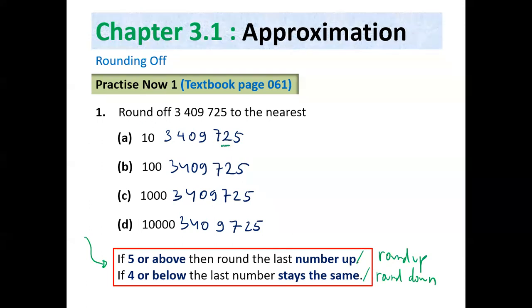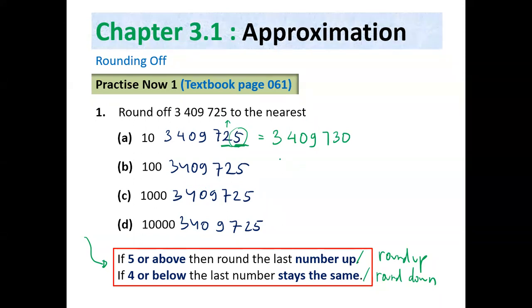So this is the 10 place value. After the number 2, on the right of number 2, we have 5. So we have to increase the number, or we call it a round up. So the answer will be 3,409,730, because you round up, because this is 5 or above, on this first rule.